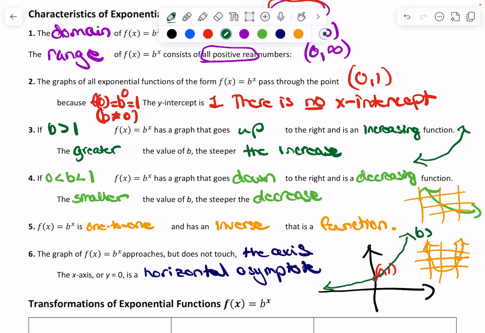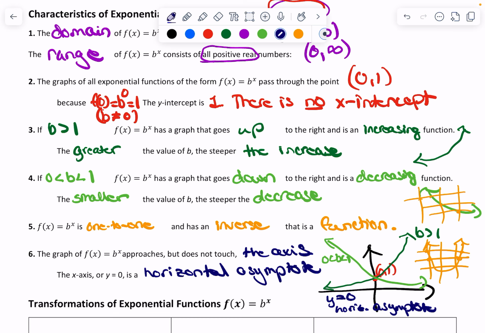If b is between 0 and 1, it decreases. And then the x-axis, y equals 0, is the horizontal asymptote.